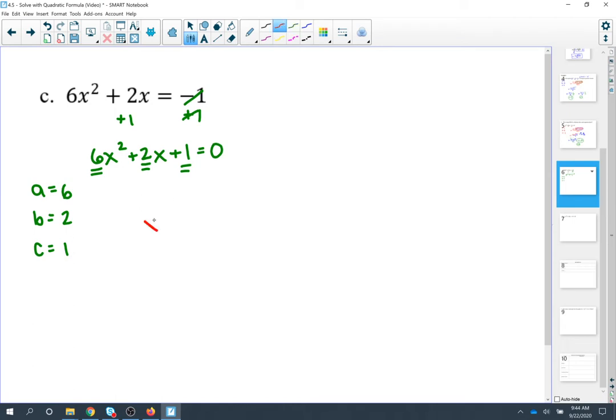Quadratic equation, x equals the opposite of b, so negative 2, plus or minus the square root of 2 in parentheses squared minus 4 times 6 times 1 all over 2 times 6.